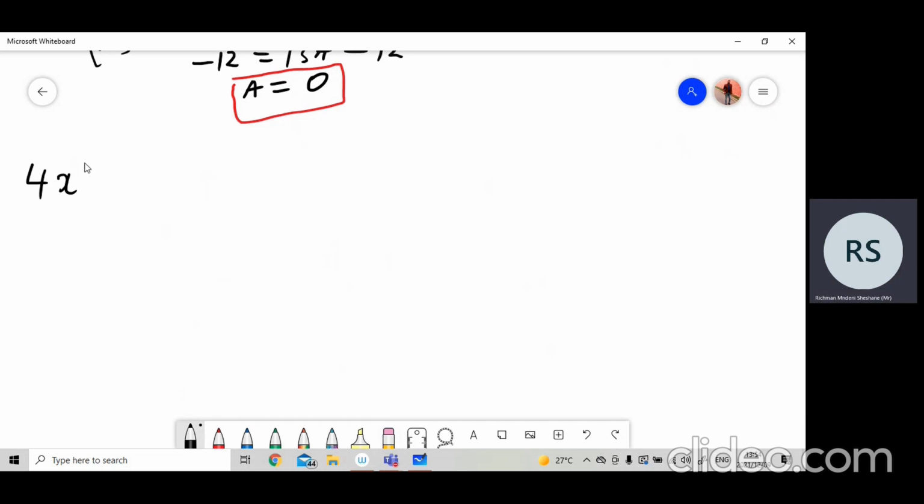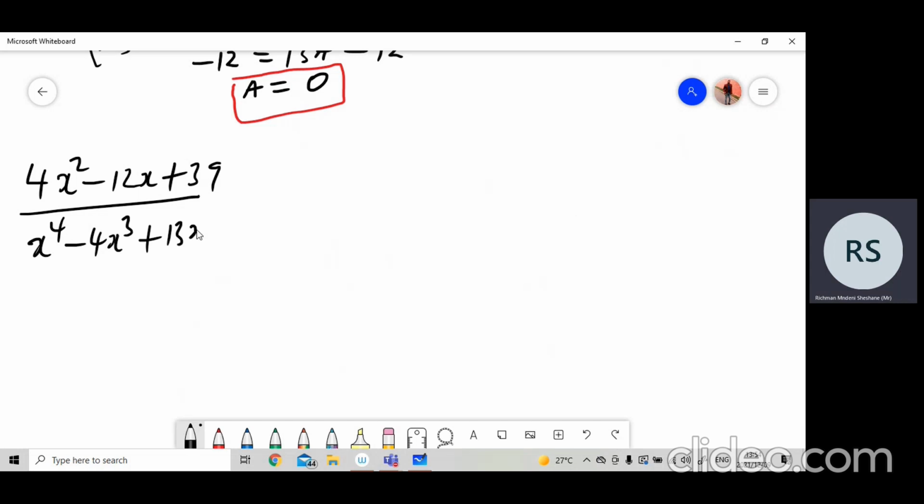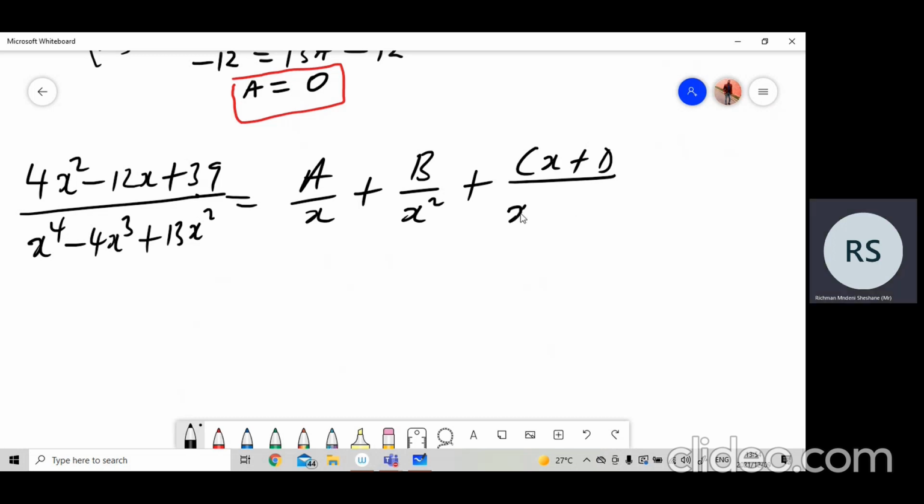Four x squared minus 12x plus 39 over x to the power 4 minus 4x to the power of 3 plus 13x squared. In partial fractions, we said it is a over x plus, I'm rewriting what is on top after we formed the partial fractions. This was the partial fractions of this expression.